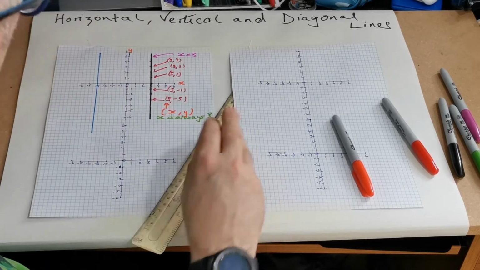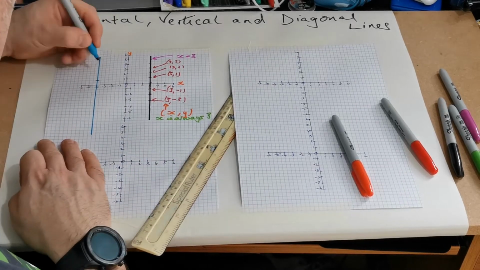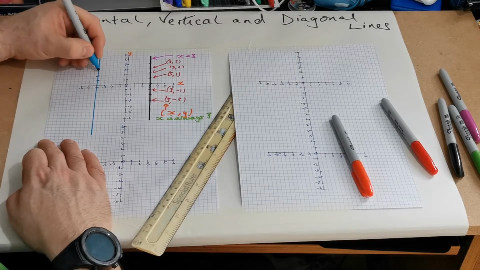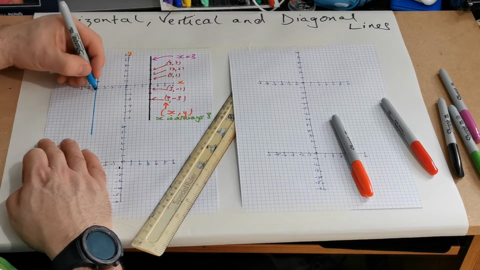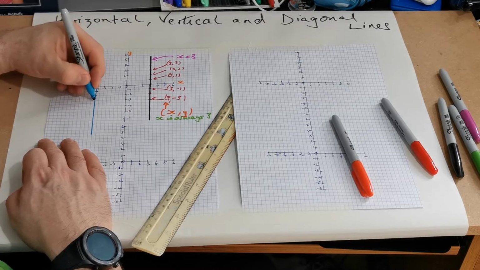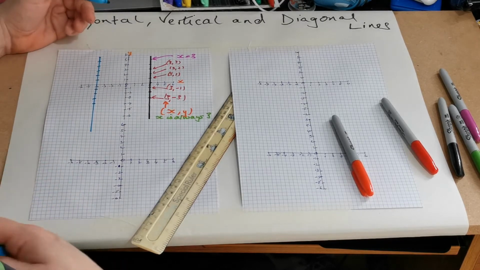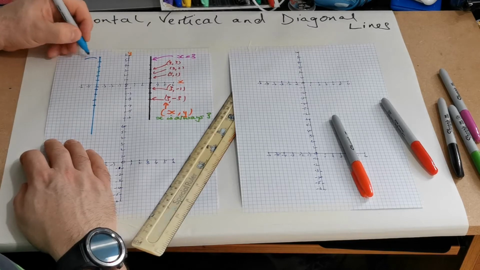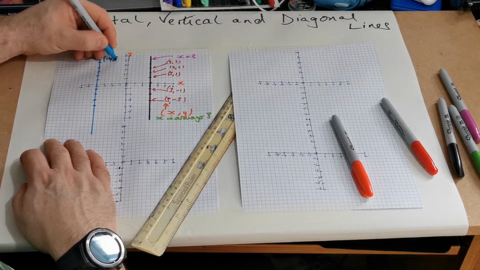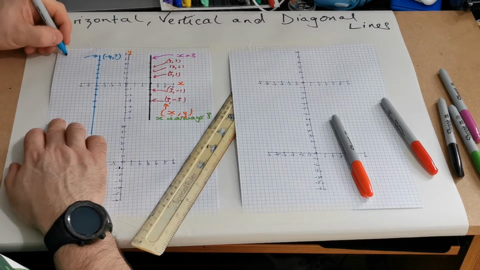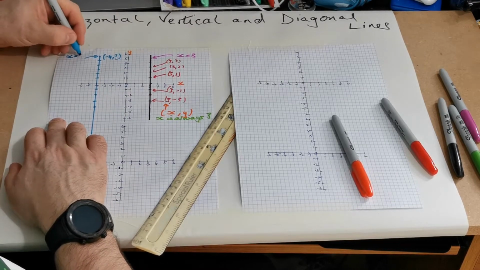But if you looked at all these points here, minus 4, 1, minus 4, 2, minus 4, 3, minus 4, 4, minus 4, 5, and then going down, you'll start to easily see that they're all going to be minus 4 something. So I'm going to say that that line is called x equals minus 4.